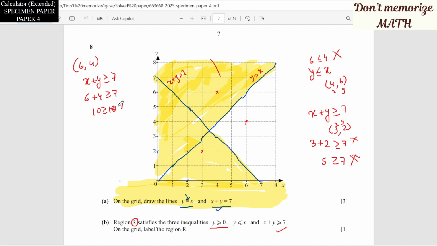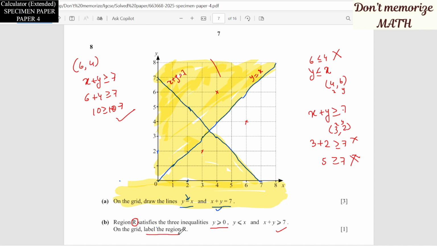It is correct. 10 is greater than 7, right? So for this line we chose a point above the line and we got a correct answer. That means this region satisfies the inequality. Since we are shading the unwanted region, we will shade the opposite. That's what happened here. So we will get a region like this.